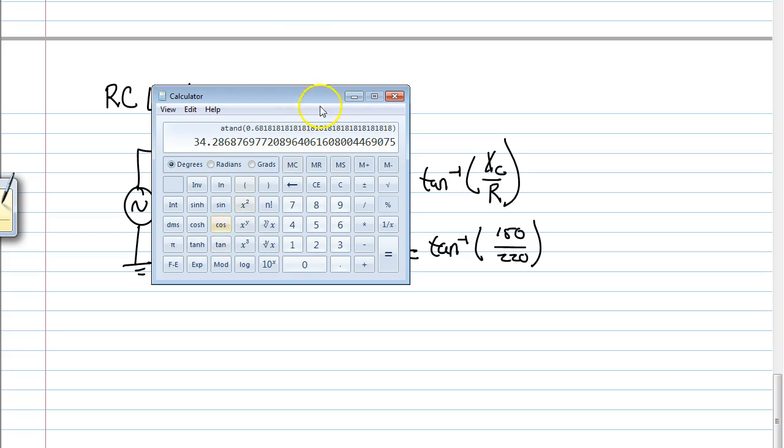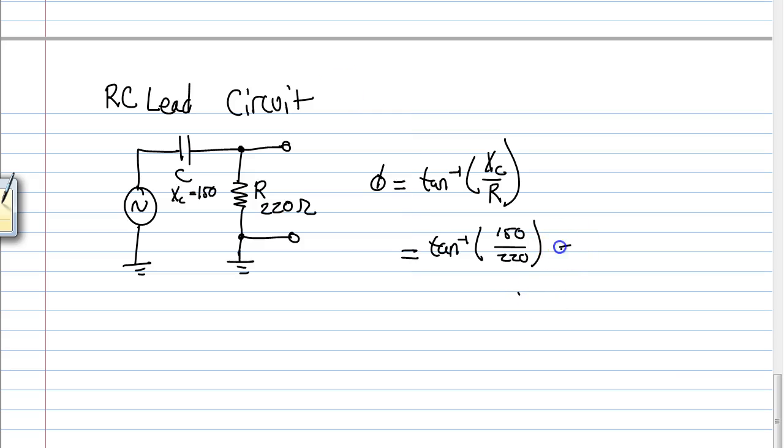Mm, 34.3 degrees. Questions about that? So that's how you do an RC lead circuit.